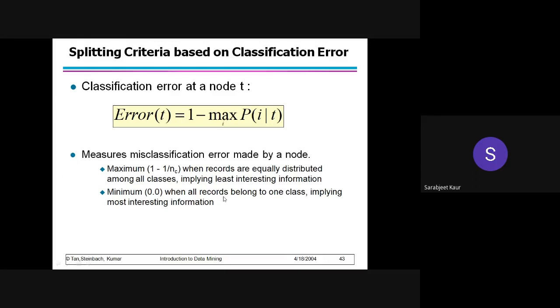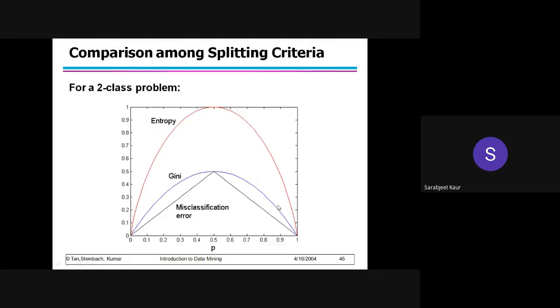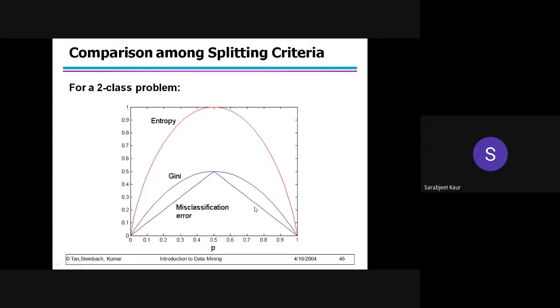Minimum is when all the records belong to the same class, and maximum is when the records are equally distributed among all the classes, right? This is the computation, so you need to work this out yourself. Apply the formula.